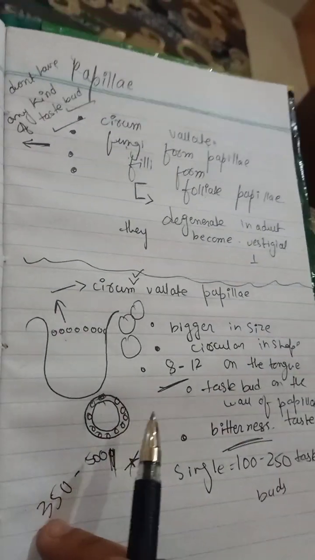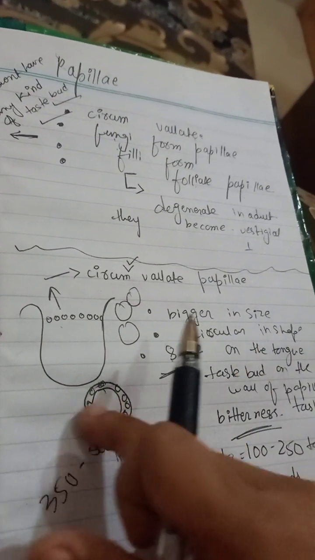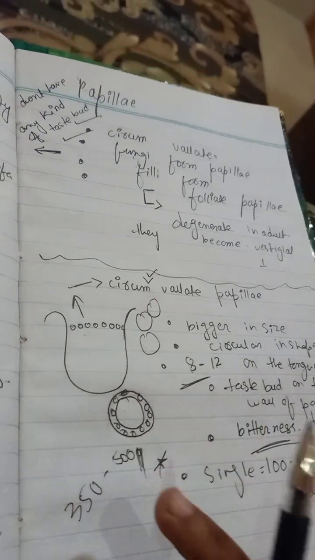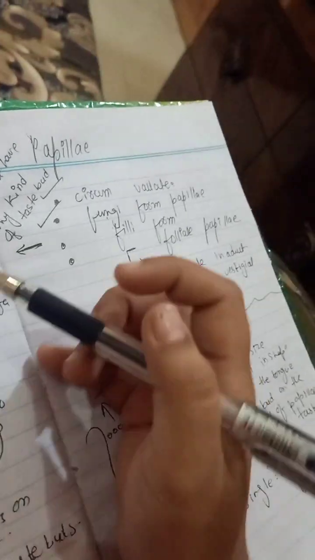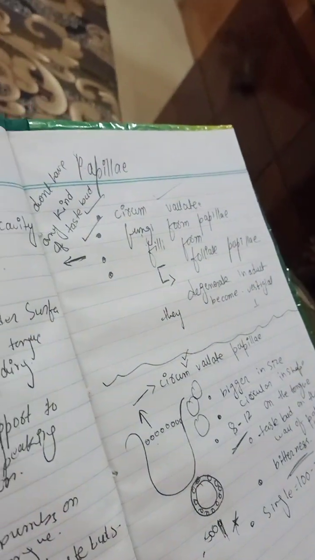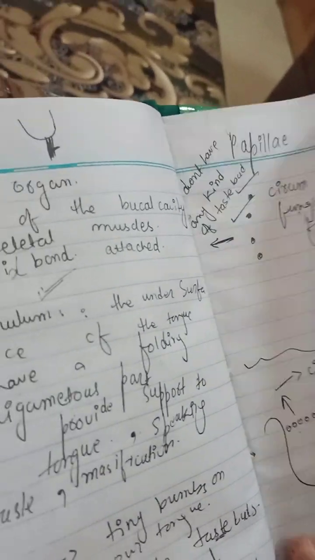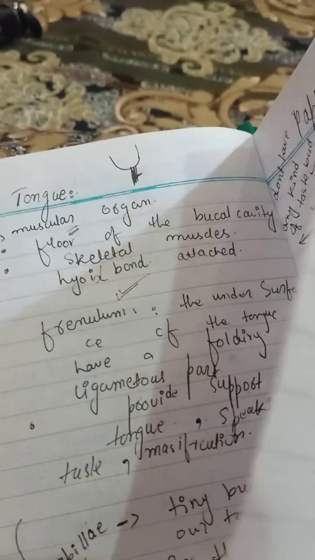So we are done with the circumvallate papillae. Now we will be talking about the fungiform papillae. So what is fungiform papillae? Okay, it is also a papillae.